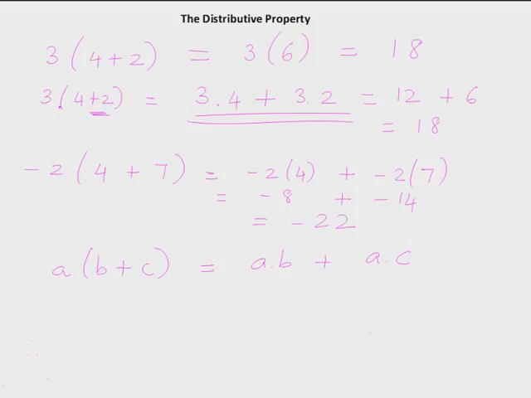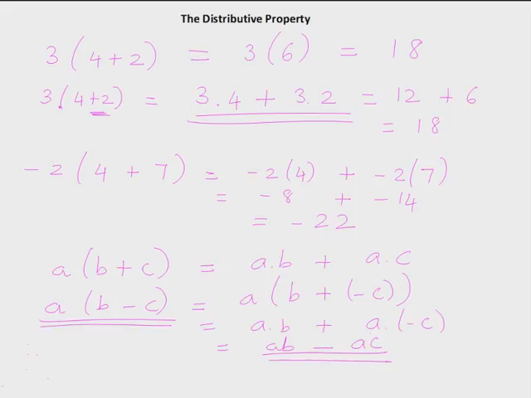What if I have a minus sign within the brackets? So suppose it's A times (B minus C). Well, I can write the B minus C as B plus minus C. And then I distribute. So I get A times B plus A times minus C, which is AB minus AC.